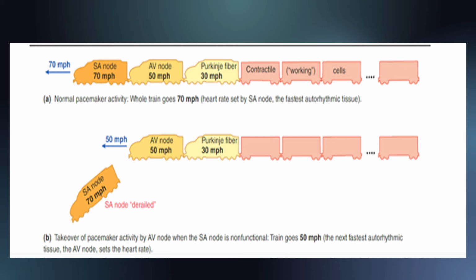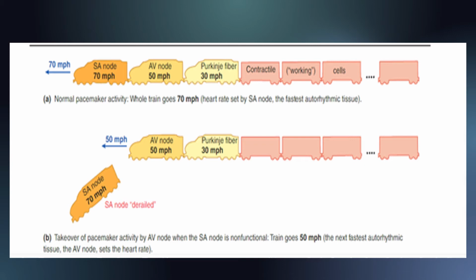The SA node is leading the pack at 70 miles an hour, and since it's working, it's pulling all these other cars right along at the same speed. The rest of them can't slow down because the SA node is in charge and it's working.